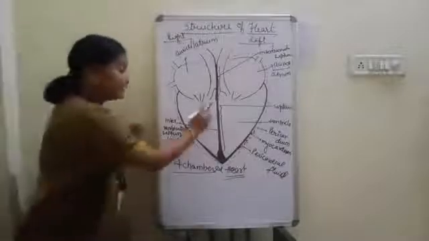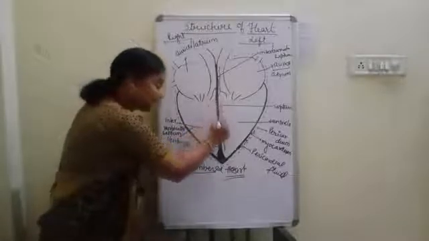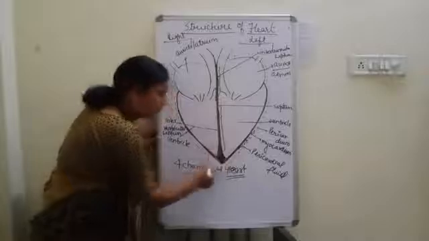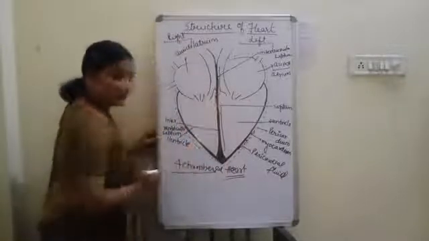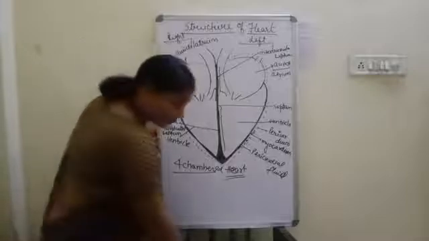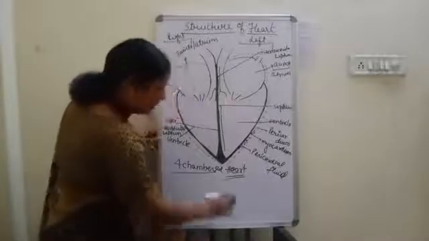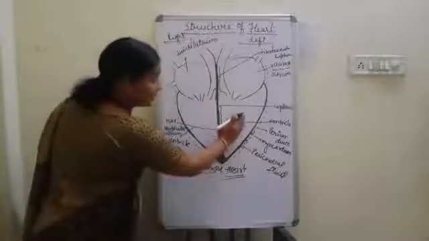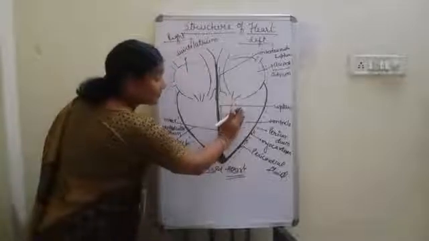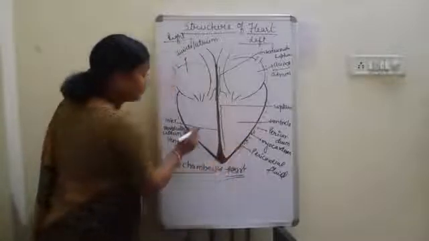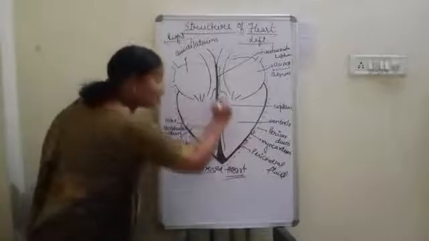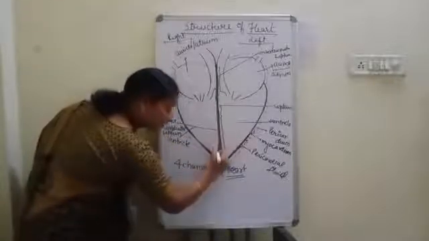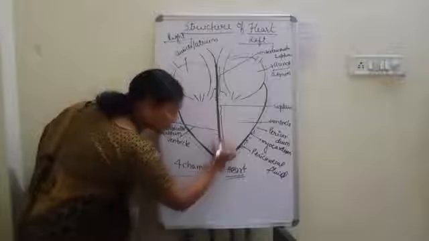Now the interventricular septum is shifted oblique. It is not straight, it is a little bit oblique. Because of this oblique placement, the left ventricle is a little bit larger than the right ventricle. Why is it so? Because this septum is shifted towards this side.